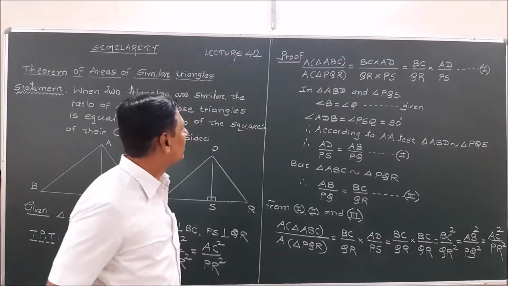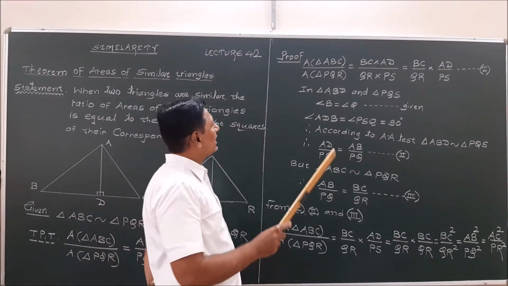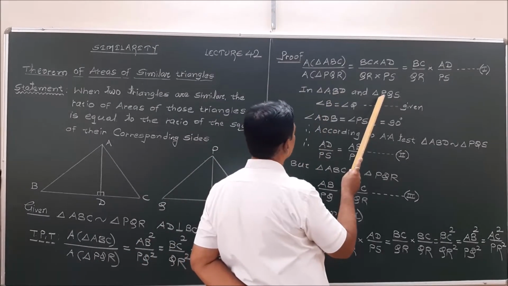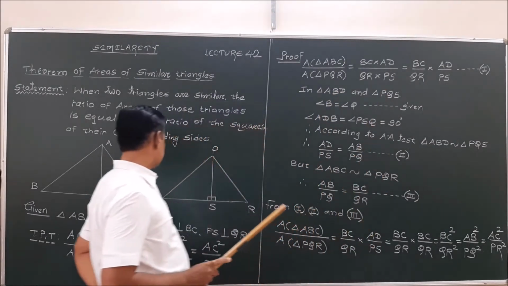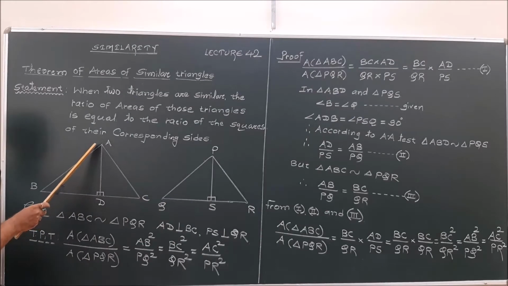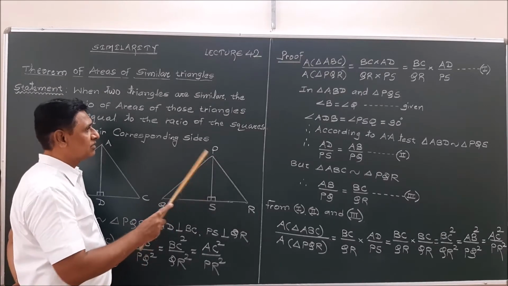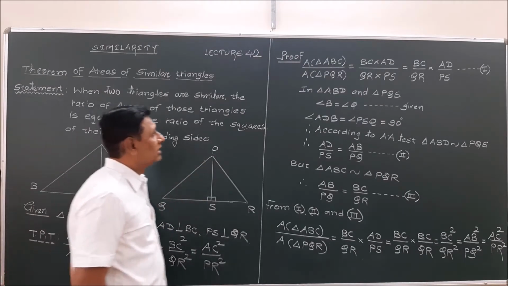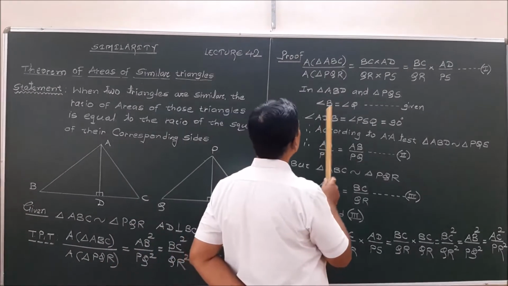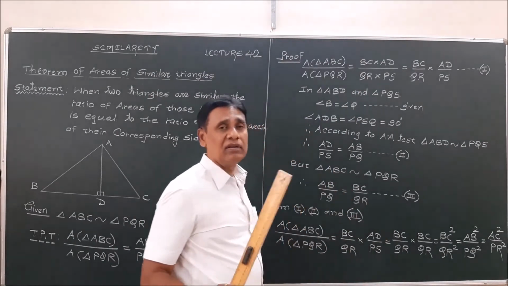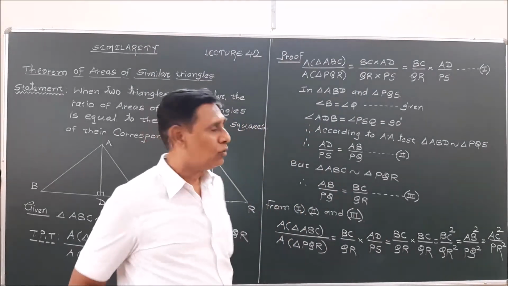Now let's come to the next one. Triangle ABD and triangle PQS. Let's see here. Now B is congruent with Q, given. It is difficult to understand, since nowhere is it stated in the given.